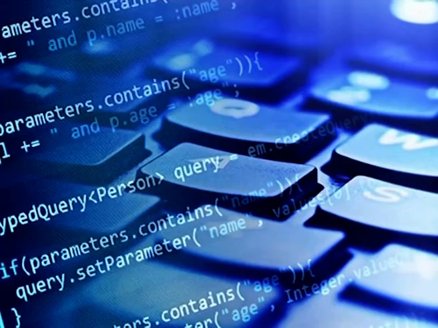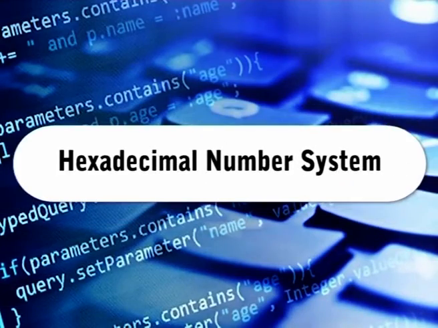So, then comes the hexadecimal number system. This system uses 10 digits and 6 letters, 0 to 9 and A to F respectively. Letters represent numbers starting from 10. A is equal to 10, B is equal to 11, C is equal to 12, D is equal to 13, E is equal to 14 and F is equal to 15.